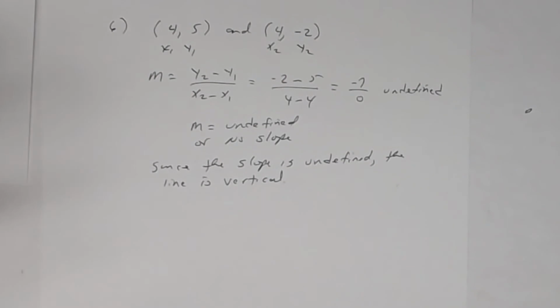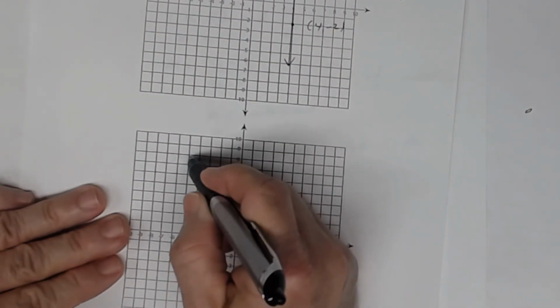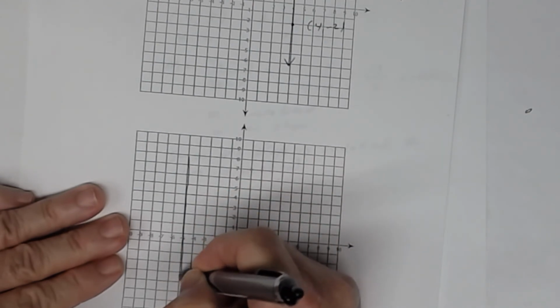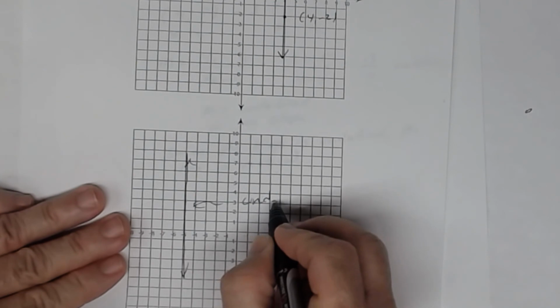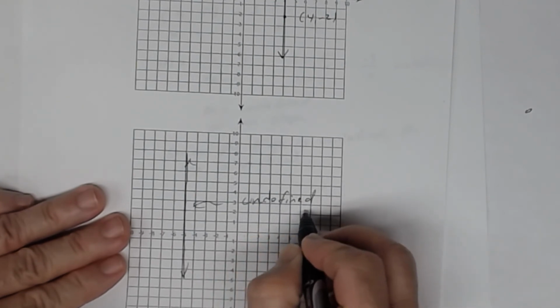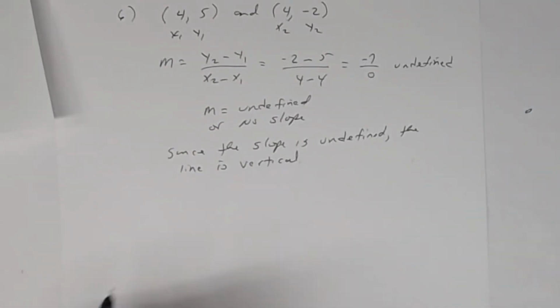So all vertical lines, so if I draw this vertical line right here, all vertical lines have undefined slope. All vertical lines have undefined slope. Okay? So since the slope is undefined, the line is vertical. And that's it.